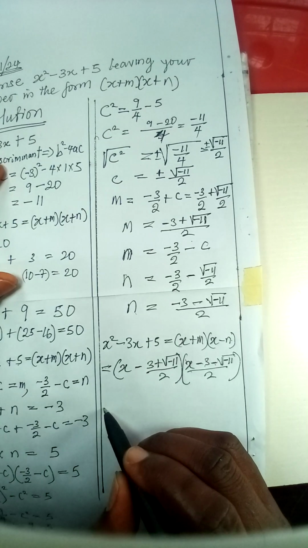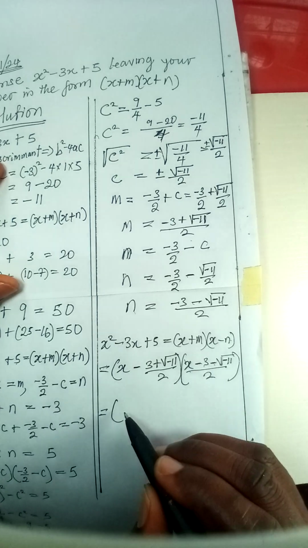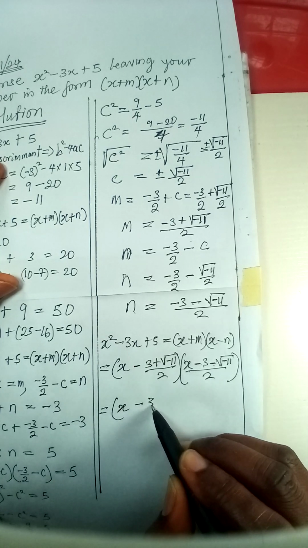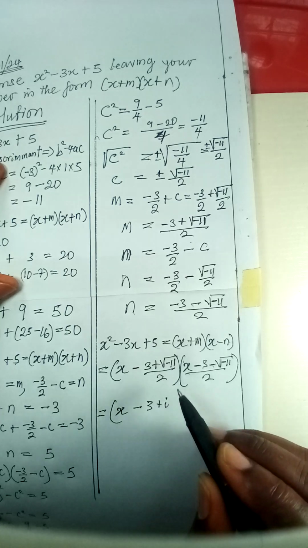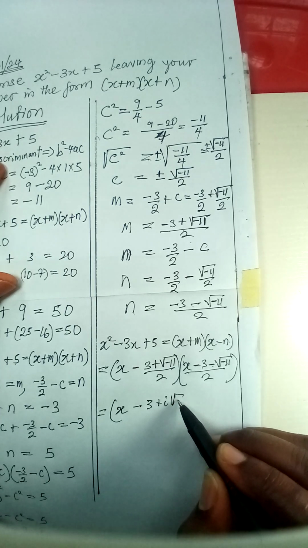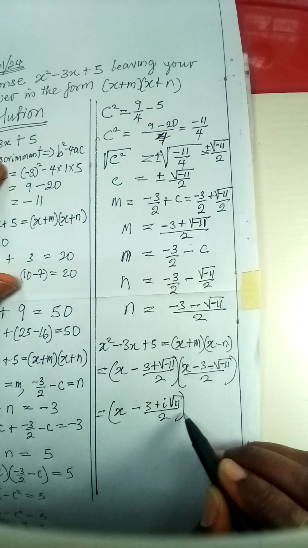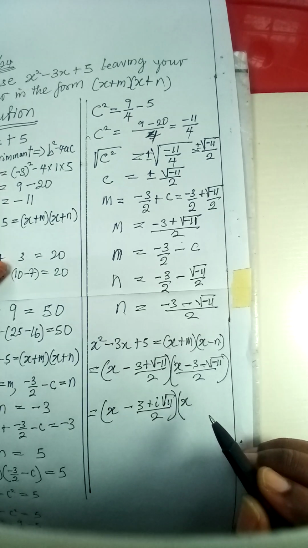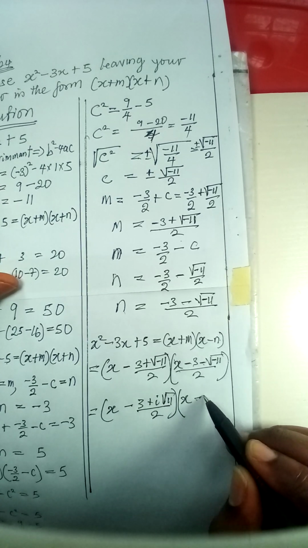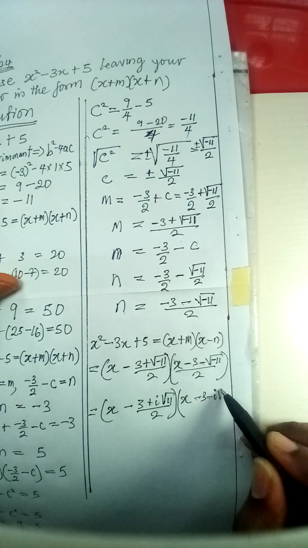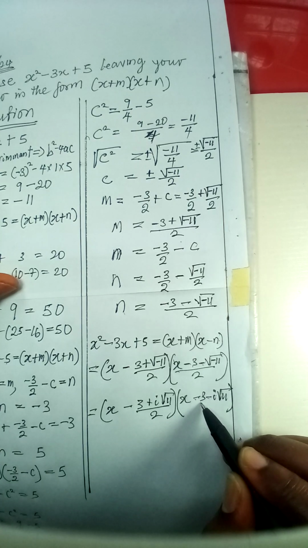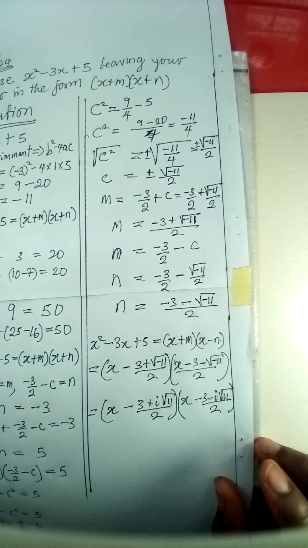Now this can also be written in imaginary form as x minus 3 plus i, with i being root negative 1, root 11 all over 2, and x minus 3 minus i root 11 over 2. So this is the factored form.